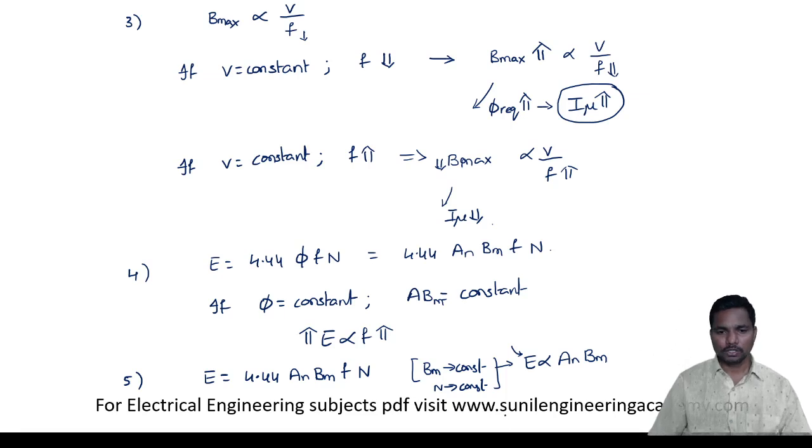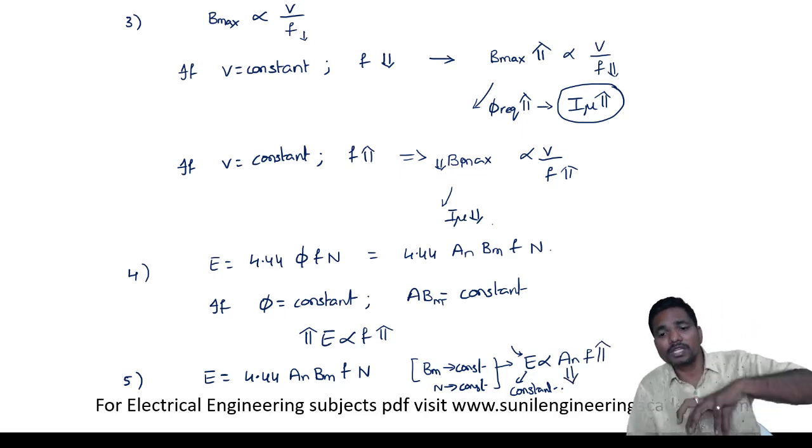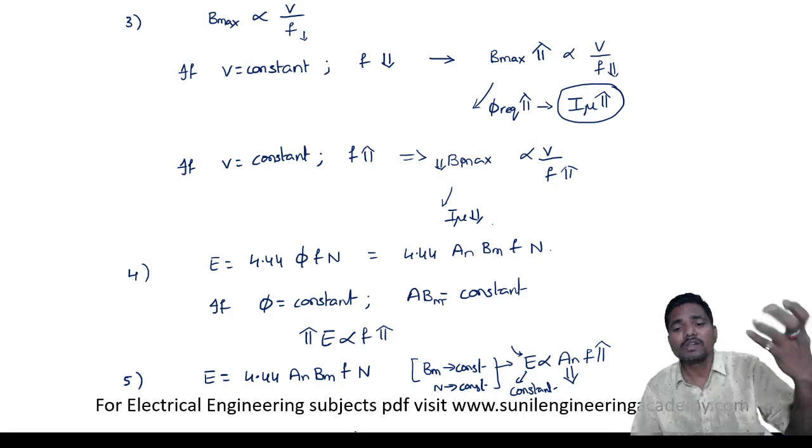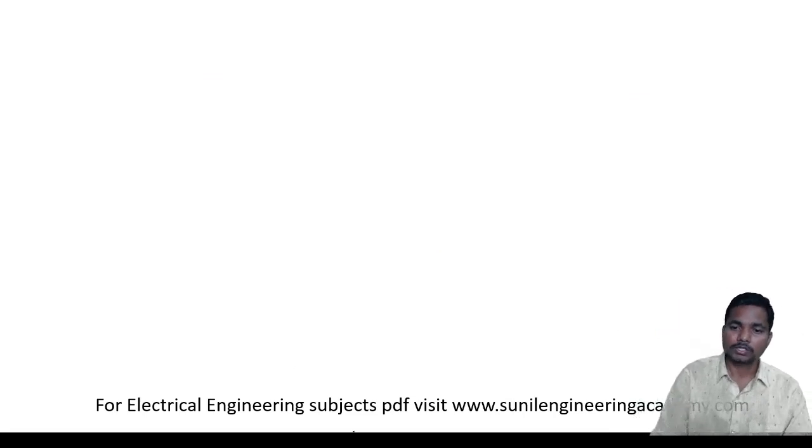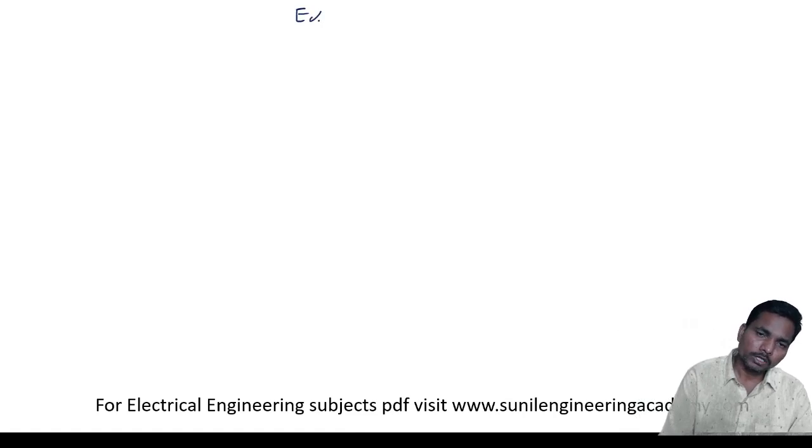If you want to keep E constant and you increase the frequency, then the cross section area will be reduced. That means even with less cross section area, you will get the same EMF. So E is proportional to A N into F.